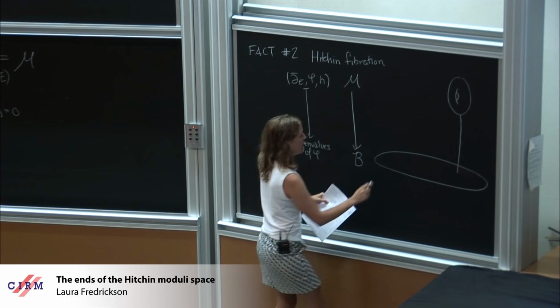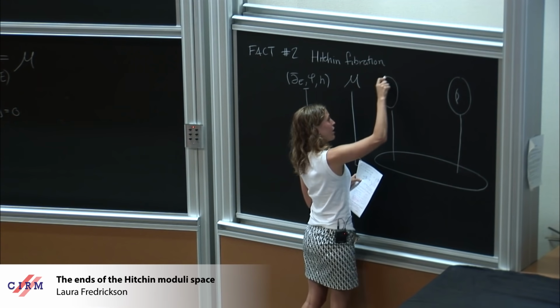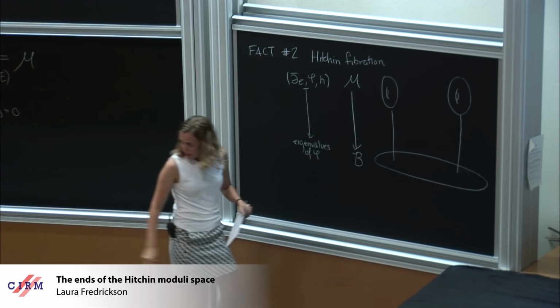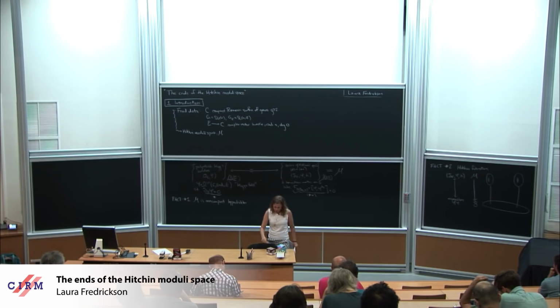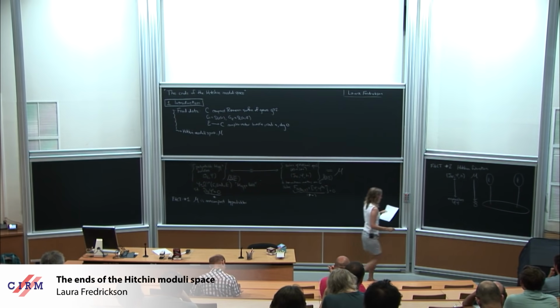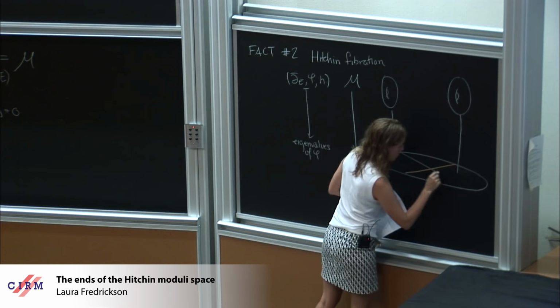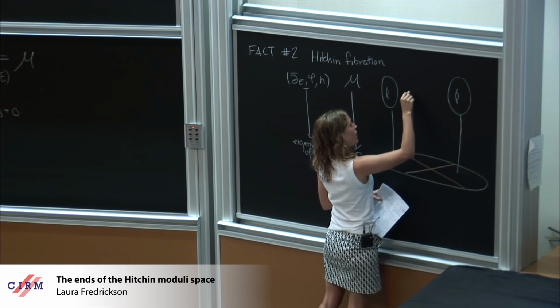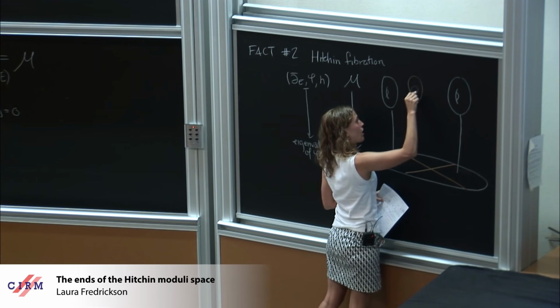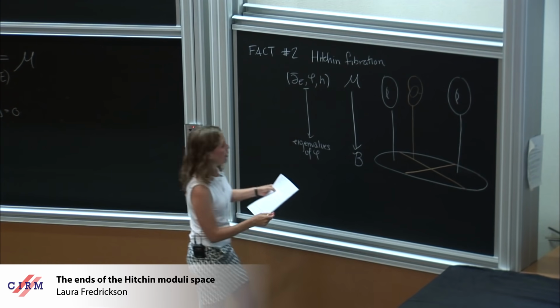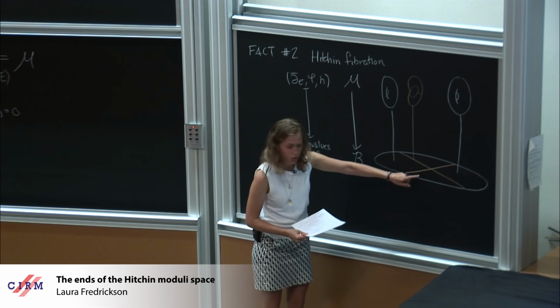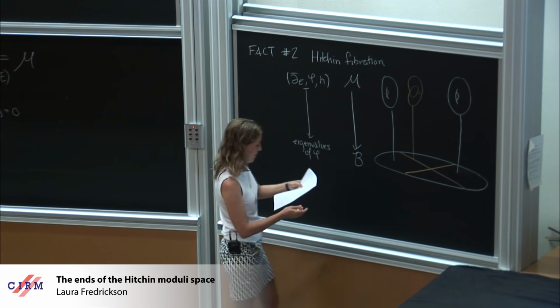I'll draw two because they're generic. And then there's a complex codimension 1 locus over which the torus fibers degenerate. Can you see the difference? This is orange and this is white? Okay.